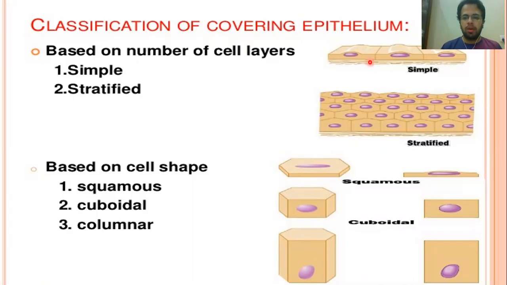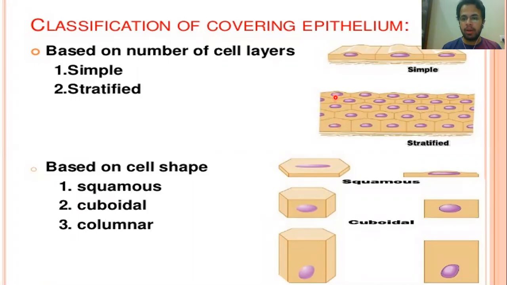Now, if we come to the stratified epithelium, how do we name it? If it is written as stratified squamous epithelium, what does that mean? It means that stratified is multiple layers, and squamous is the shape, so we name it stratified squamous. Why?